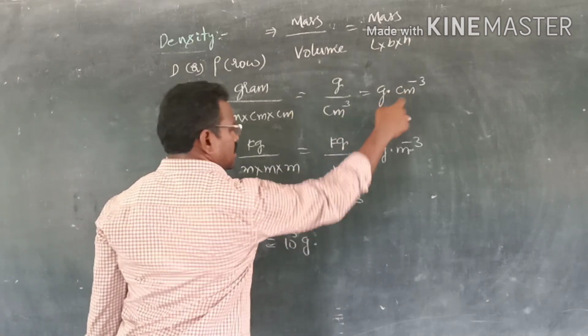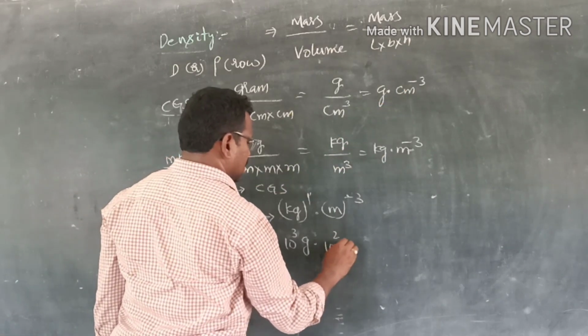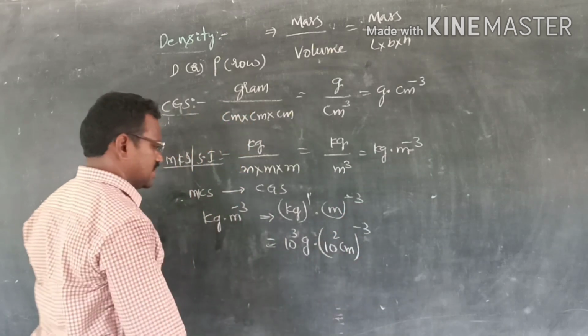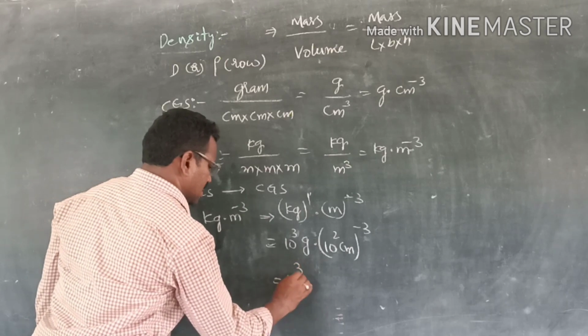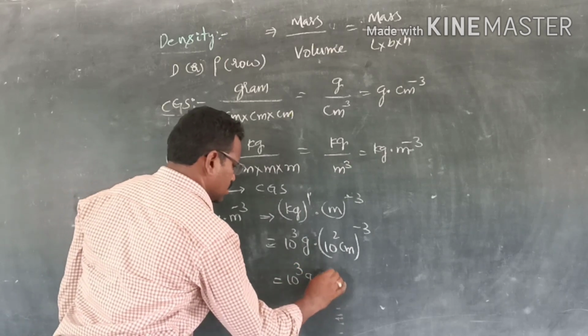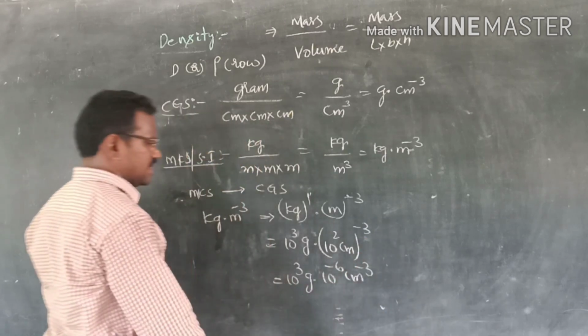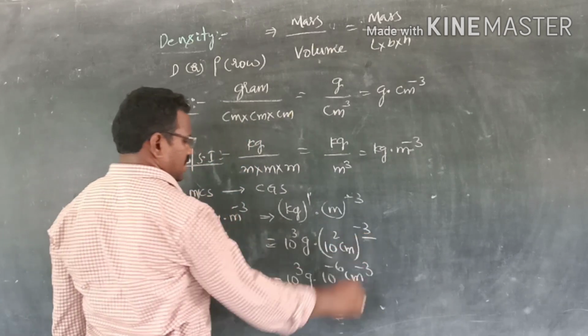Meter should be converted into centimeter: 1 meter is 10 square centimeter, whole power minus 3. Now the value becomes 10 power 3 gram into 10 power minus 6 centimeter power minus 3, because the power is minus.